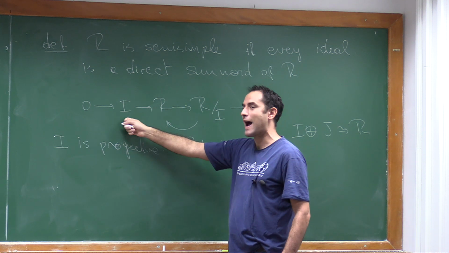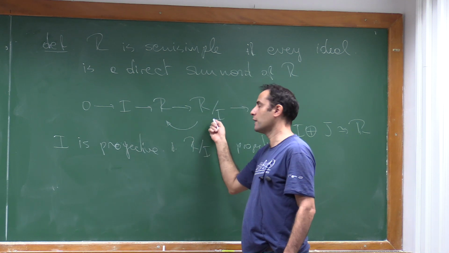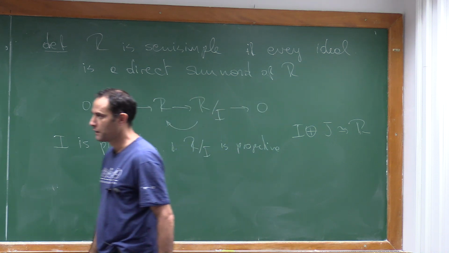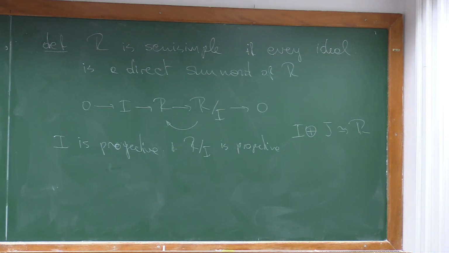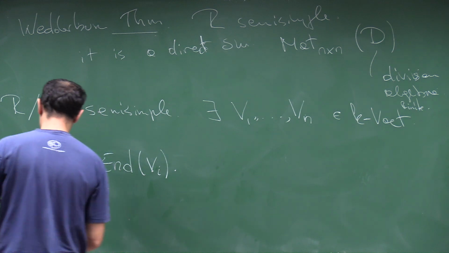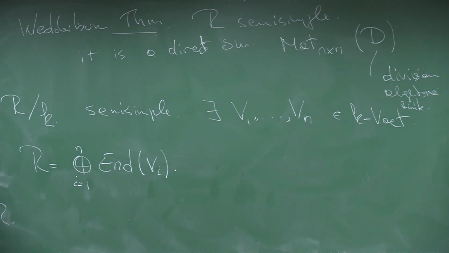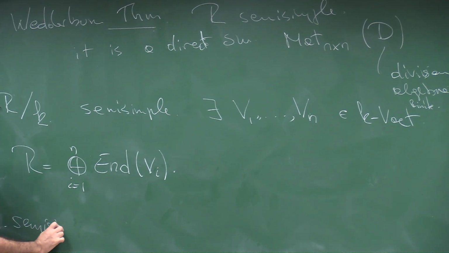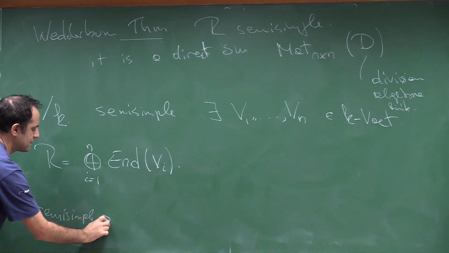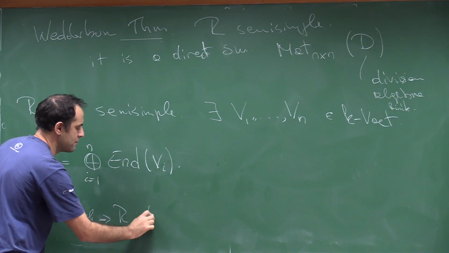You can check quickly that I is also semi-simple and R mod I is also semi-simple. So every semi-simple ring is a direct sum of minimal ideals. R semi-simple implies that R is a direct sum of minimal ideals.